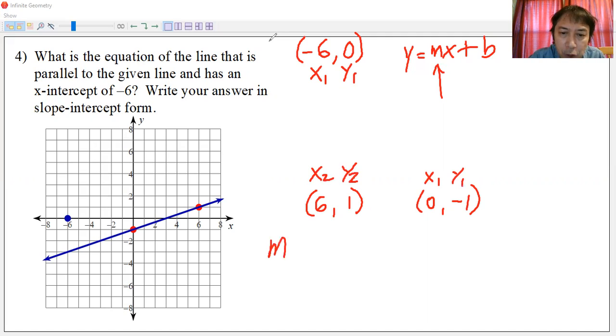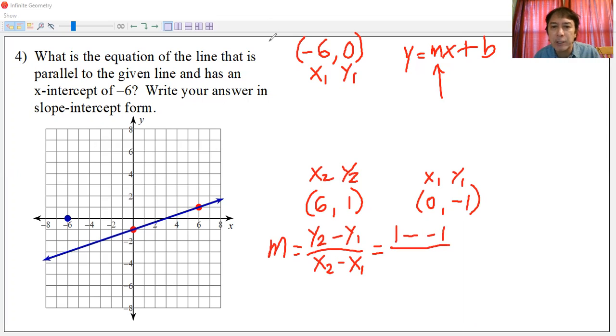And then we will use the slope formula. Here is the slope formula: y2 minus y1 over x2 minus x1. Compute now the slope first. y2 is 1 minus our y1, which happens to be -1. So after this minus, we will write -1. And then this is divided by our x2. x2 is 6 minus our x1, that happens to be just 0.